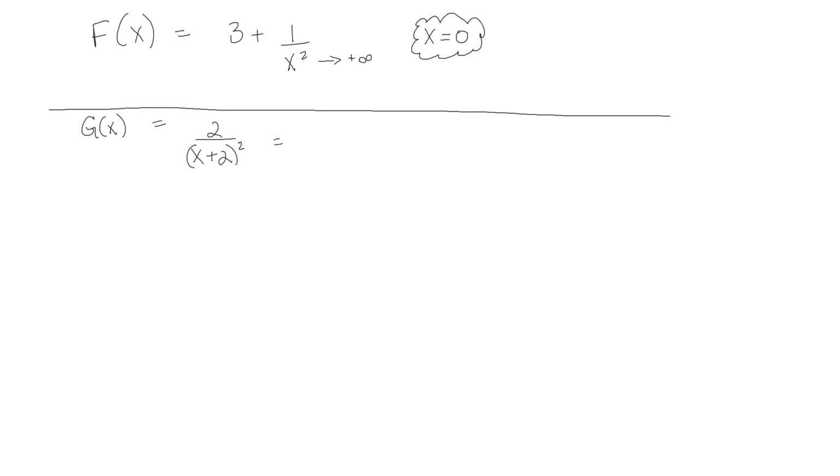This is the same thing as 2 over x plus 2 twice. If I had a -2 here, then this whole term would be 0. And that would be my denominator being 0 without my numerator being 0. And that'll happen when x is -2.